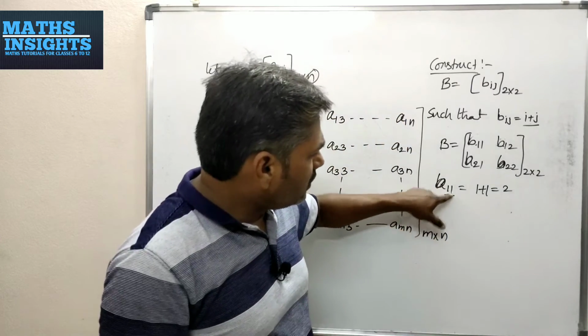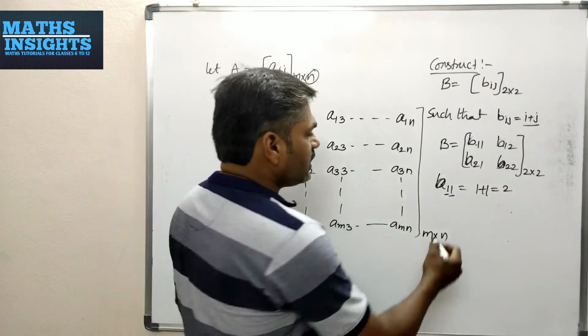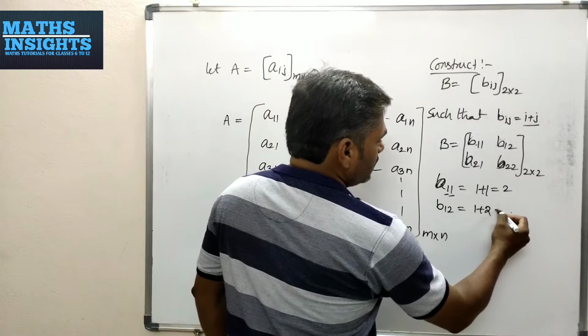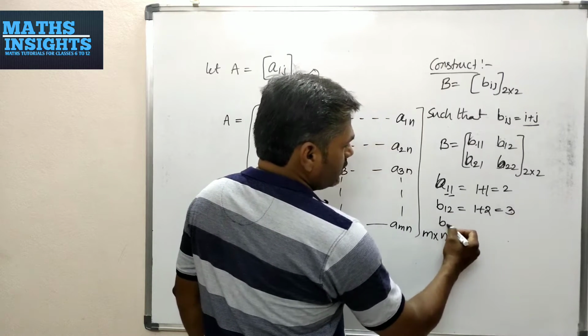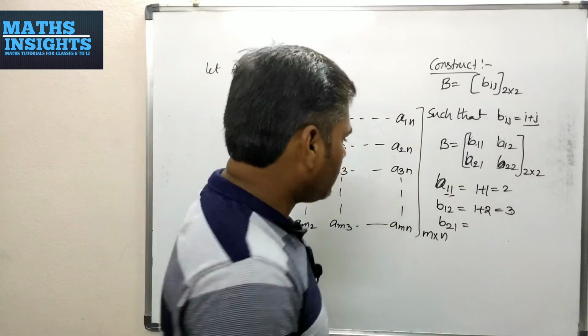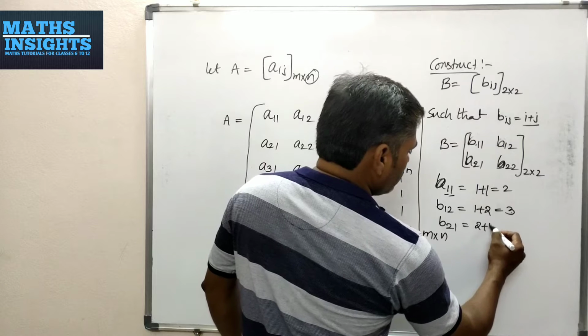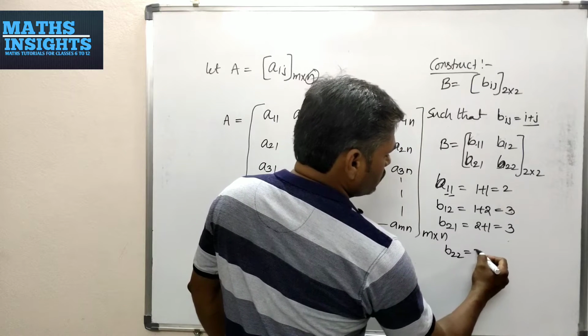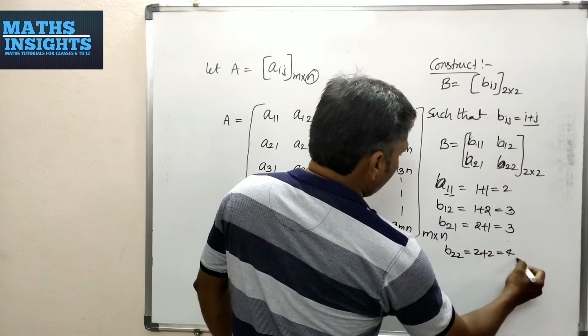Therefore, B11 is 2. Similarly, B12 means 1 plus 2, which equals 3. Next, B21, in the second row, first column, so 2 plus 1, which equals 3. B22 equals 2 plus 2, which is 4.